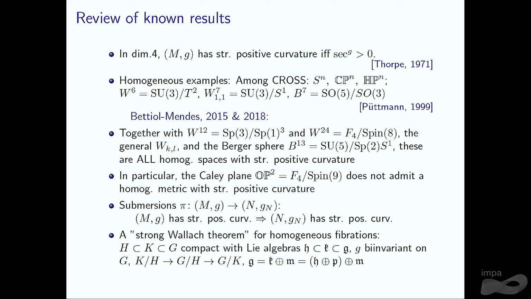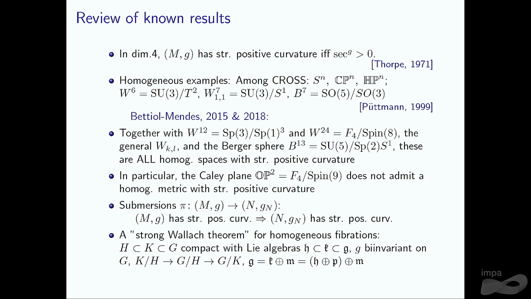First, they looked at the other Wallach spaces, W6 being the first of them: W12 and W24, Sp(3)/Sp(1)^3 and F4/Spin(8), together with the more general Aloff-Wallach spaces in dimension 7 and the Berger space in dimension 13. These are all homogeneous spaces with strongly positive curvature. In particular, their proof also implies that the Cayley plane does not admit a homogeneous metric with strongly positive curvature.